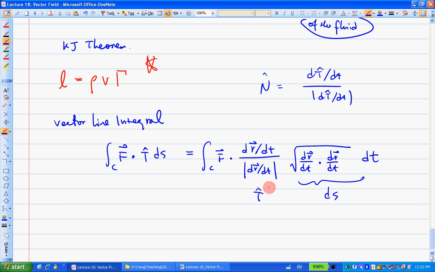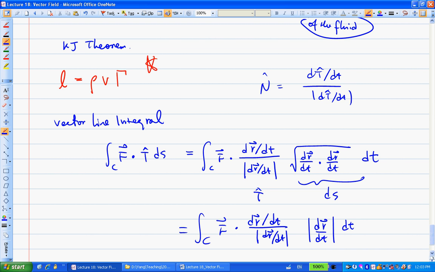So this can be simplified. You see this dr over dt dot dr over dt is the dot product of the vector with itself. That's basically the absolute value of dr over dt.